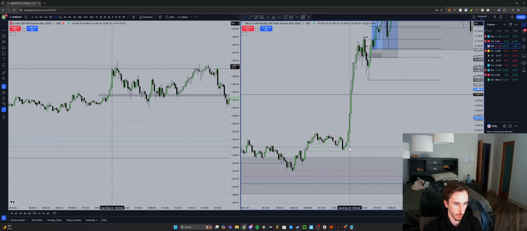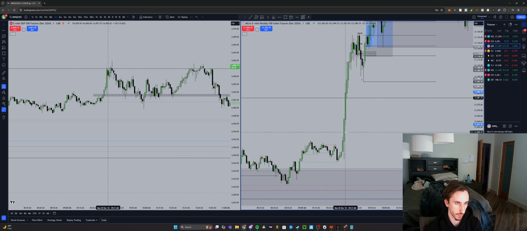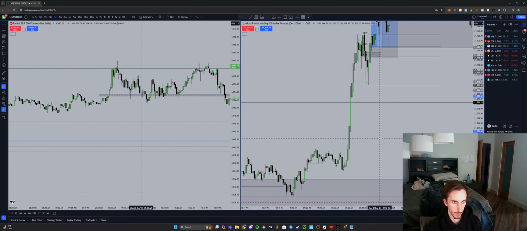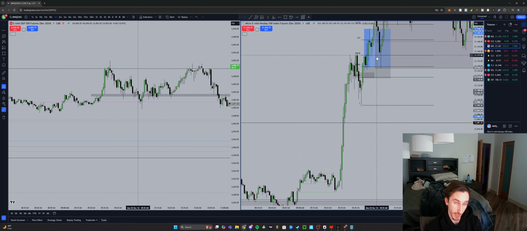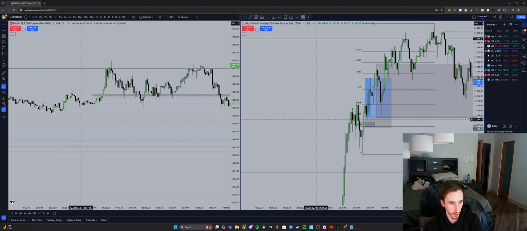So you technically could have longed off of this, but the way I trade, there were not enough confluences for me to enter off of something like that on an eval. On live accounts, I like to wait for A+. This wasn't entirely A+, but it followed the basic direction of where I wanted to see price go.